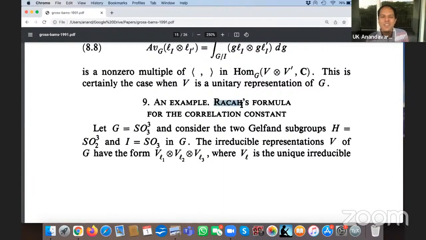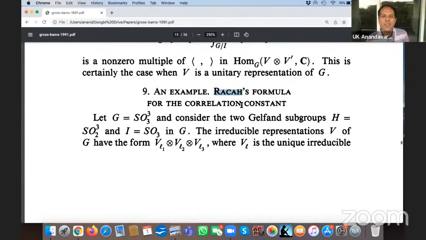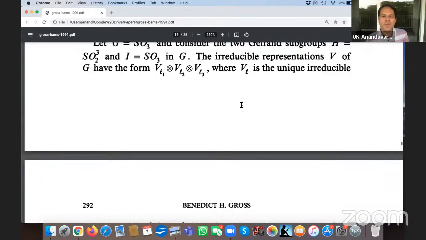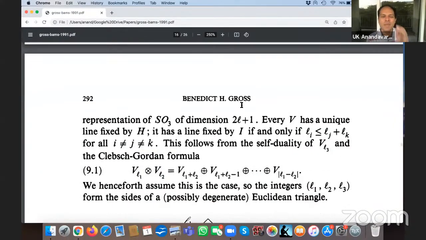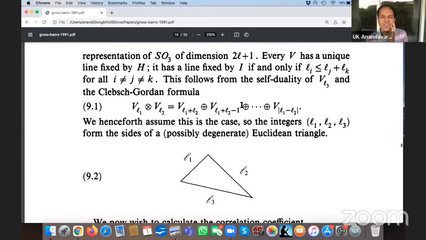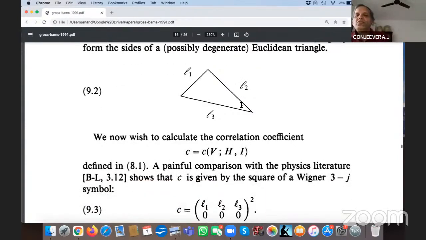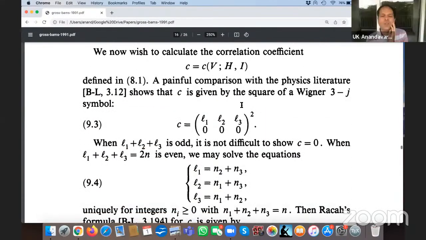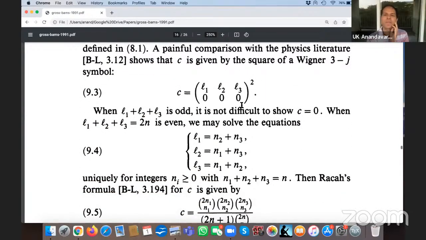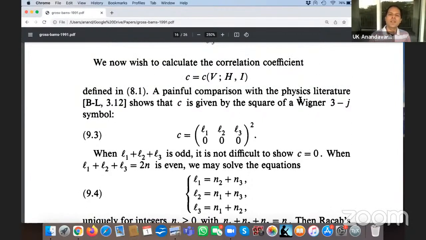So this is physics literature. Deependra told me that when he was doing his MSc in physics at IIT Kanpur, he had heard these words. There is the famous Clebsch-Gordan from representation theory, and there are what are called Racah-Wigner coefficients in physics. This comes in the physics literature, and this is precisely the correlation.